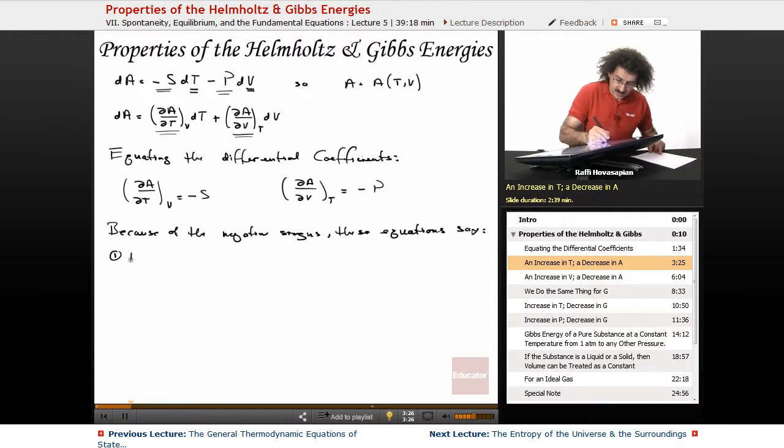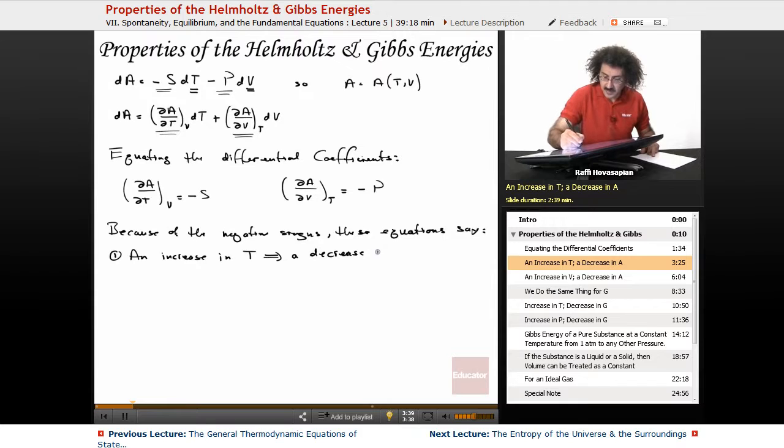Number one, an increase in the temperature implies a decrease in the Helmholtz energy. That's what this negative sign means. If you increase this, well, this is dependent on this. So if this goes up, this negative sign means that this goes down. So an increase in temperature implies a decrease in the Helmholtz energy. Now, the higher the entropy, the higher this value is, the more quickly the Helmholtz energy decreases.